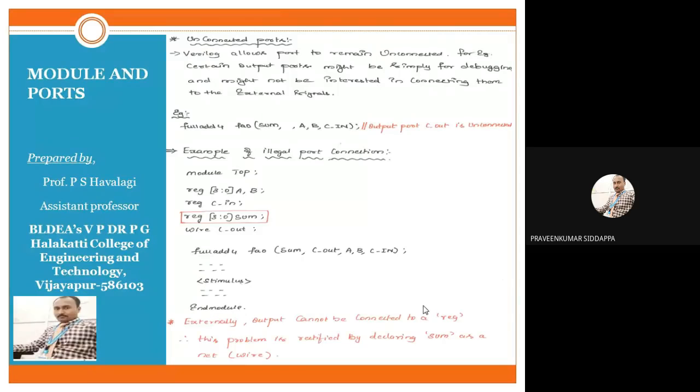If it is illegal, you should give the reason why it is illegal. I think the first one I asked was reg [3:0] A. Did it appear in your exam? Yes, sir. Okay, then reg [3:0] A: is it legal or illegal?